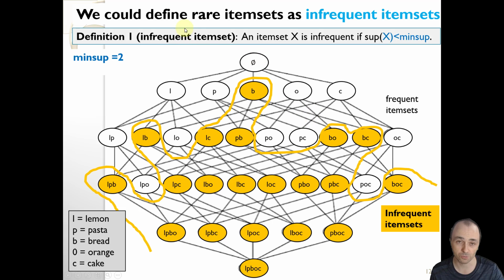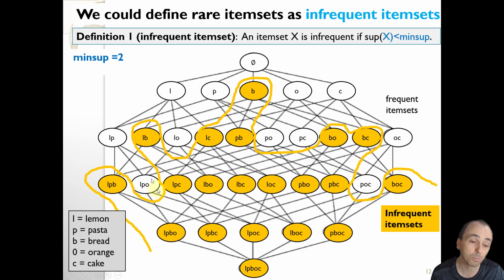So first, we could say that a rare item set is an infrequent item set. That means if an item set is not frequent, then we say it is rare. So an infrequent item set is an item set X such that the support is less than the minimum support.